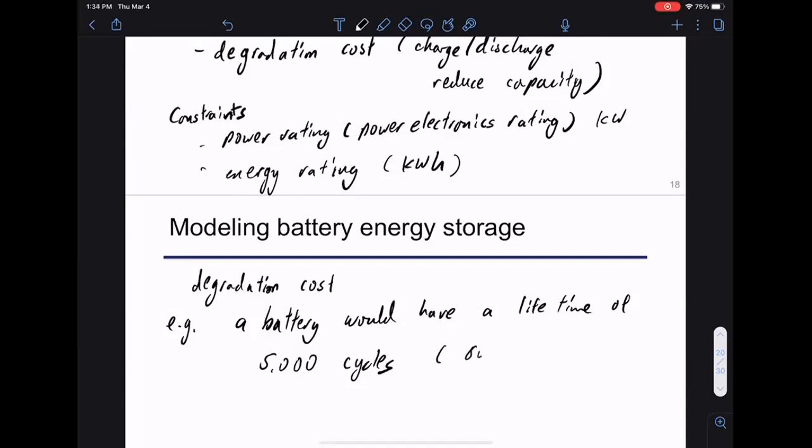So when the capacity reaches 80%. This is actually a high number. For most other things, we don't consider the resource completely exhausted at 80%. But for batteries, we do consider it past its lifetime at 80%.